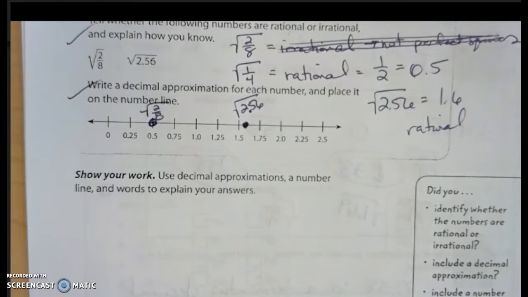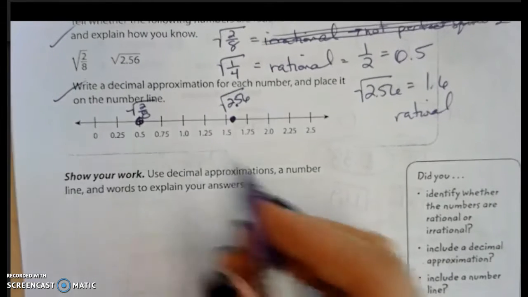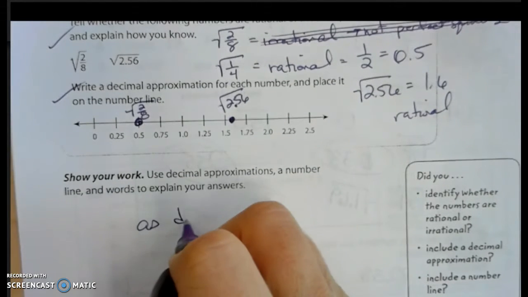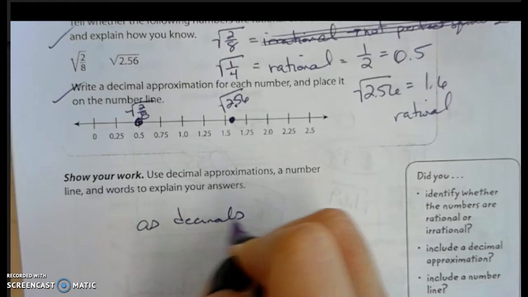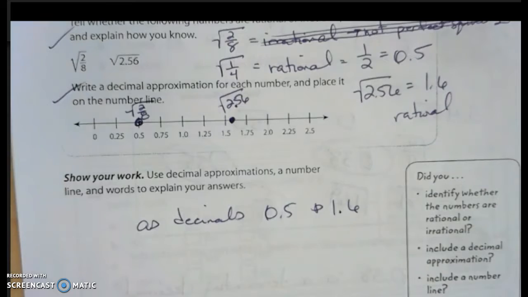And then the last part says, show your work, use decimal approximations, a number line, and words to explain your answers. Okay, so I feel like we just did that. Our decimal approximations as decimals, we got 0.5 and 1.6.